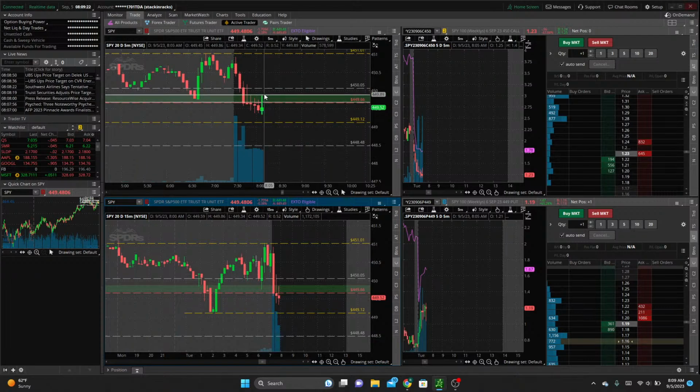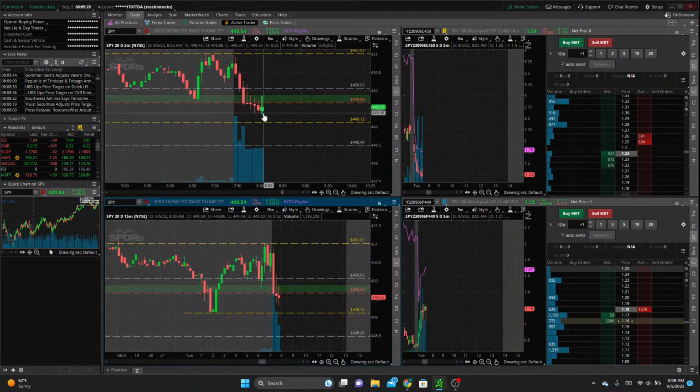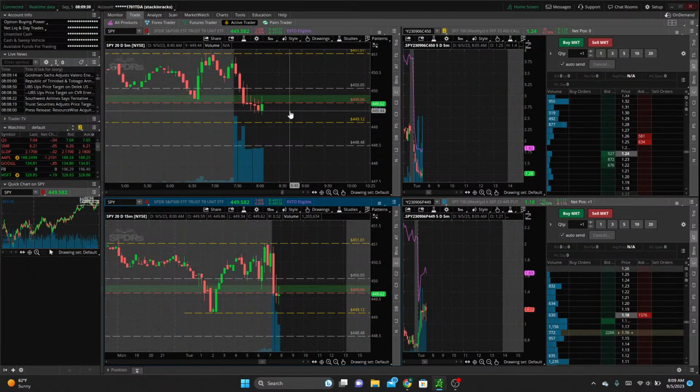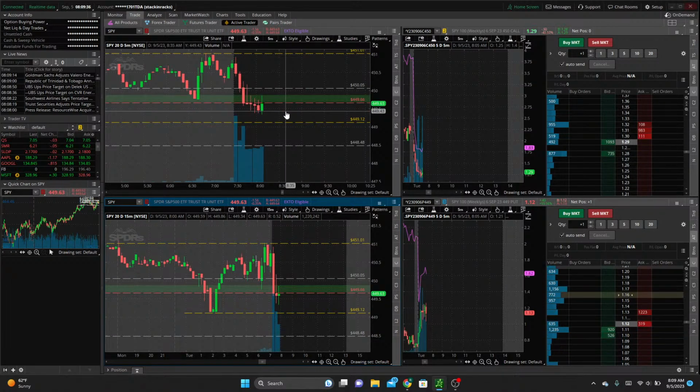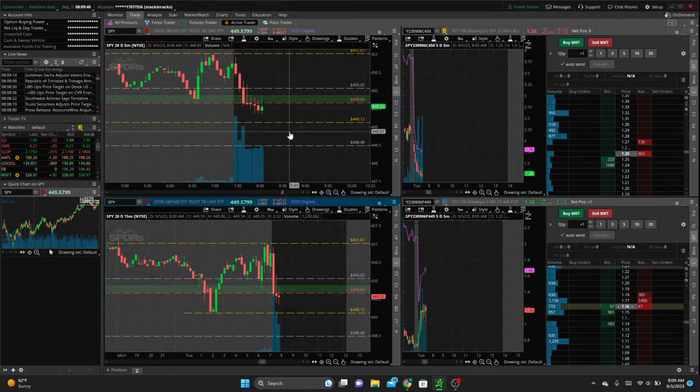We saw some volume come in on that push down, a higher volume candle coming in, retesting and failing to close. Well, I shouldn't speak so soon, but that would be a good sign that we're not going to break to the upside if we have continuous failures to do so. We'll see if we don't continue down.